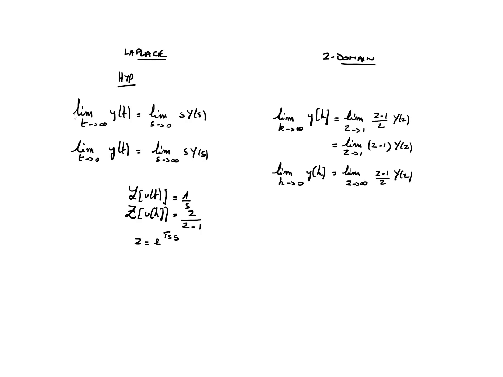But when z tends to infinity, z minus 1 over z tends to 1, so it's the limit when z tends to infinity of y of z, and this is the initial value theorem in the z domain.